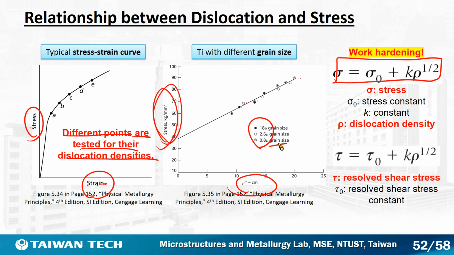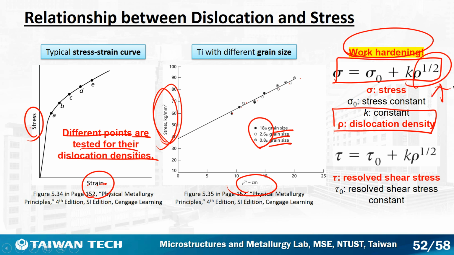With different grain sizes, the data match this equation. This is the equation for work hardening, and rho is the dislocation density. So when the dislocation density increases, you can expect that the strength of the material will increase.